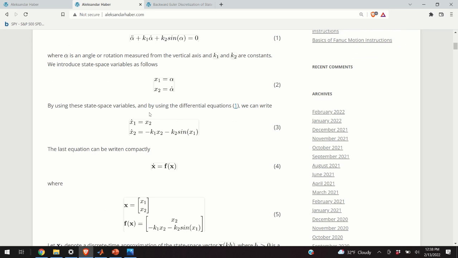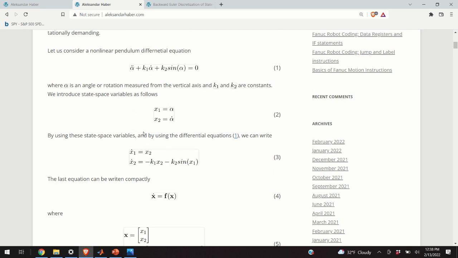So our state space model will have the form given by equation 3. x1 dot is equal to x2, and we can obtain that x2 dot is equal to minus k1 times x2 minus k2 sine x1. We obtain the second equation in equation 3 from our system dynamics, that is, by coupling the system dynamics given by equation 1 with the system of equations given in equation 2.